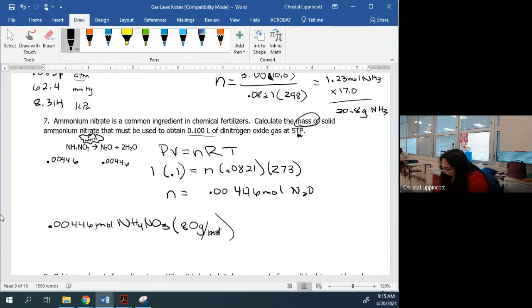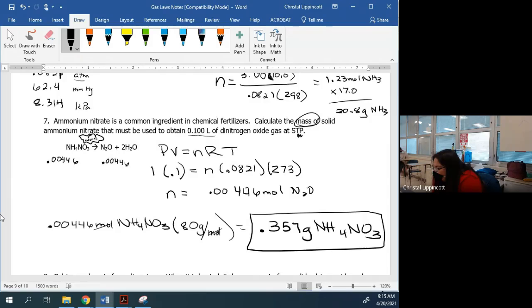My moles will cancel out, and I can multiply that by that, and I end up with 0.357 grams of NH4NO3. Okay, good.